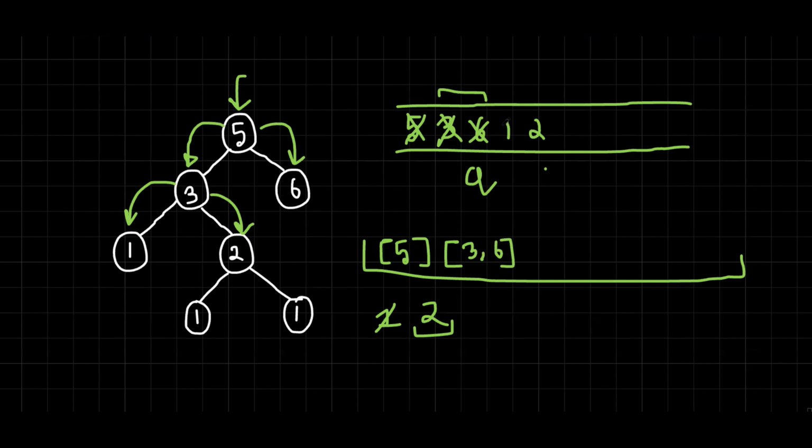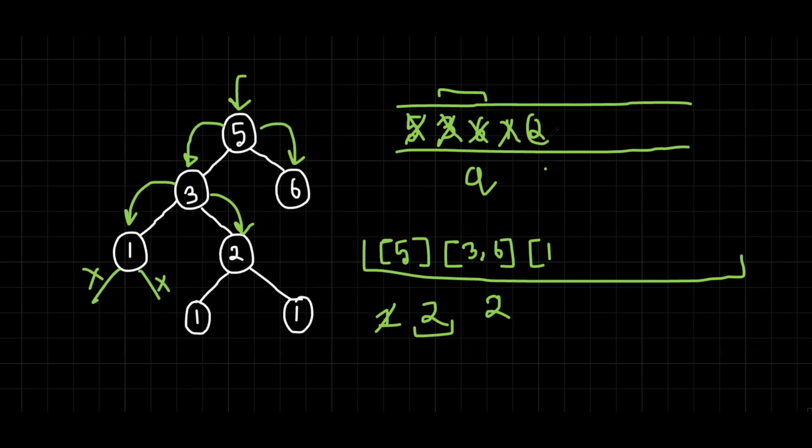Now, the queue size is again 2, which contains 1 and 2. We insert the value 1 into the vector, and 1 does not have any left or right children, so we remove 1.